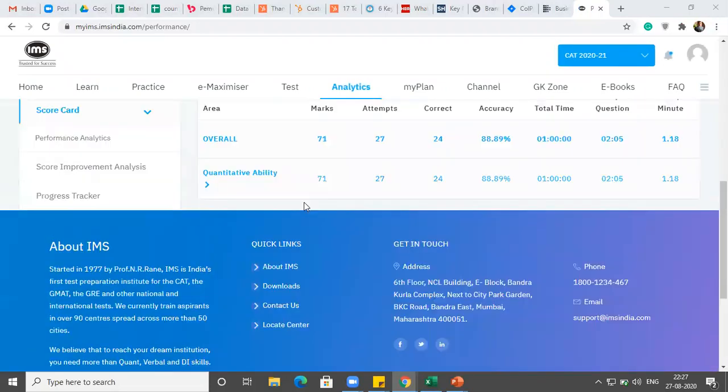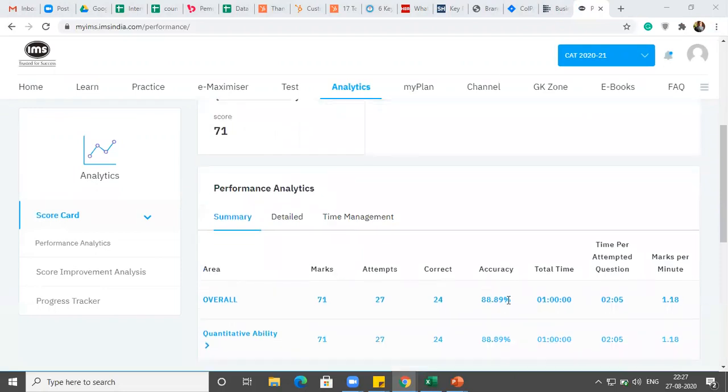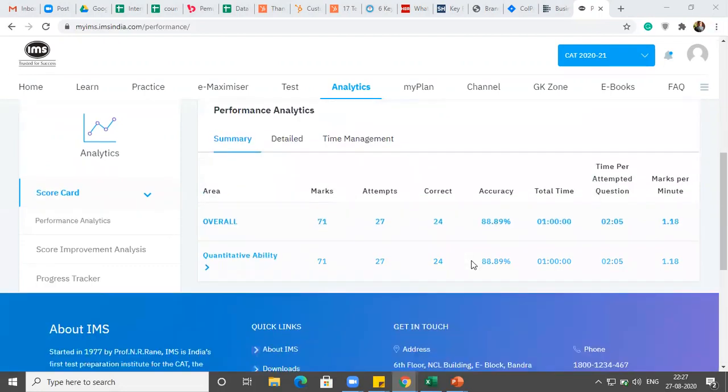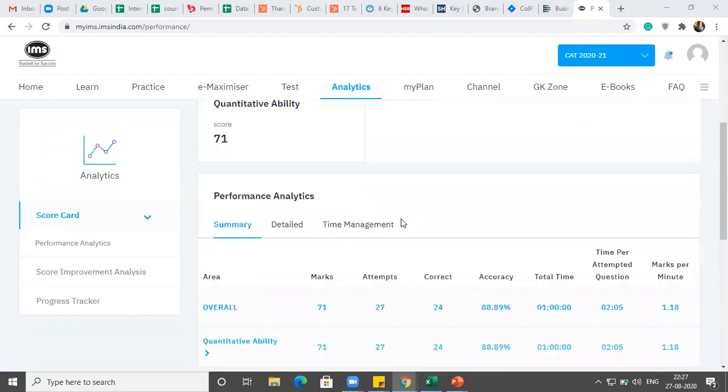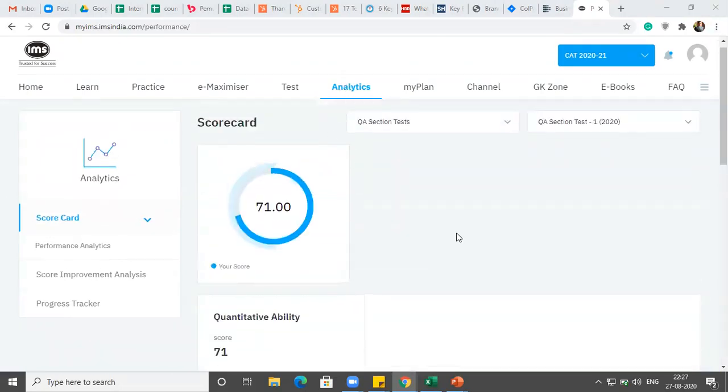Okay, cool. So accuracy is about 90%: we attempted 27 questions, correct are 24, so 3 wrong. Due to the minus 1, one TITA question went wrong for me. Okay, let's go back and check what happened. Percentile will not show up here.